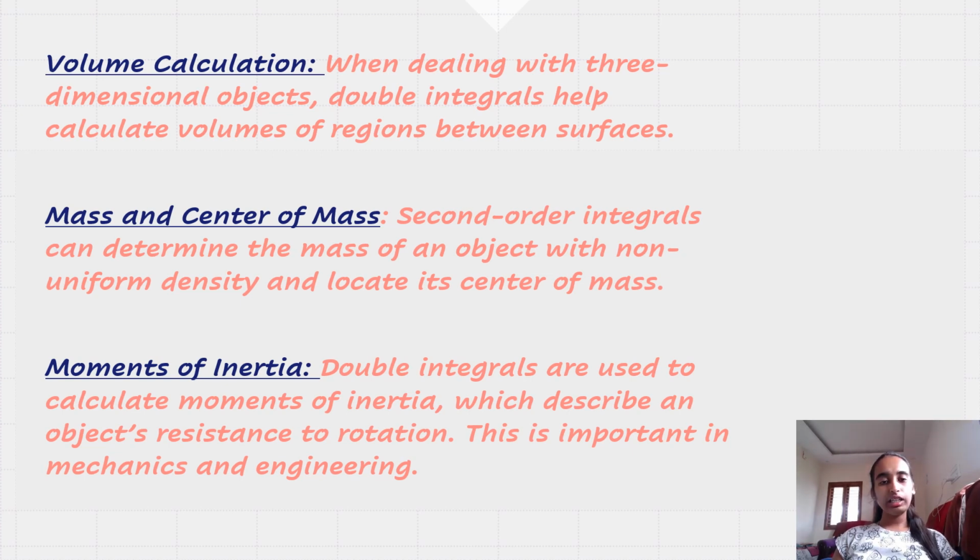Mass and center of mass. Second order integrals can determine the mass of an object with non-uniform density and locate its center of mass. Moments of inertia. Double integrals are used to calculate moments of inertia, which describe an object's resistance to rotation. This is important in mechanics and engineering.